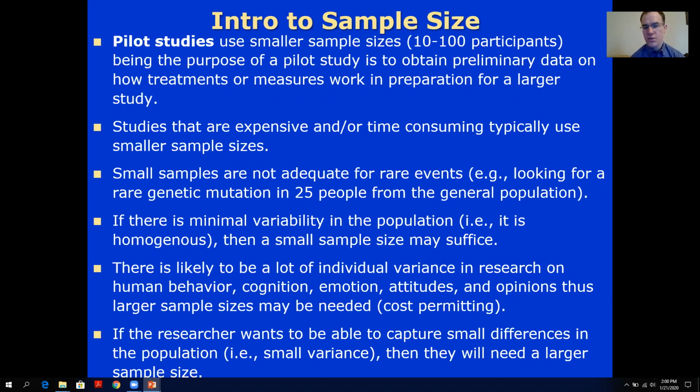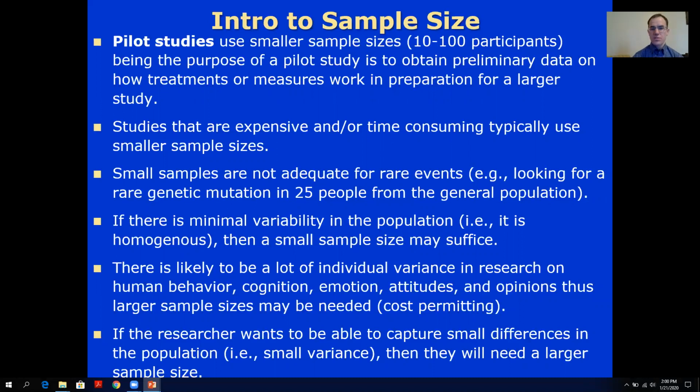So depending on what the researcher is studying, if there's going to be a lot of individual differences, and working with humans there generally is, then it'll be advisable that a larger sample size is recruited in order to tease out those differences in human behavior, emotion, etc. But again, you'd have to weigh the options of the amount of cost to the potential generalizability.